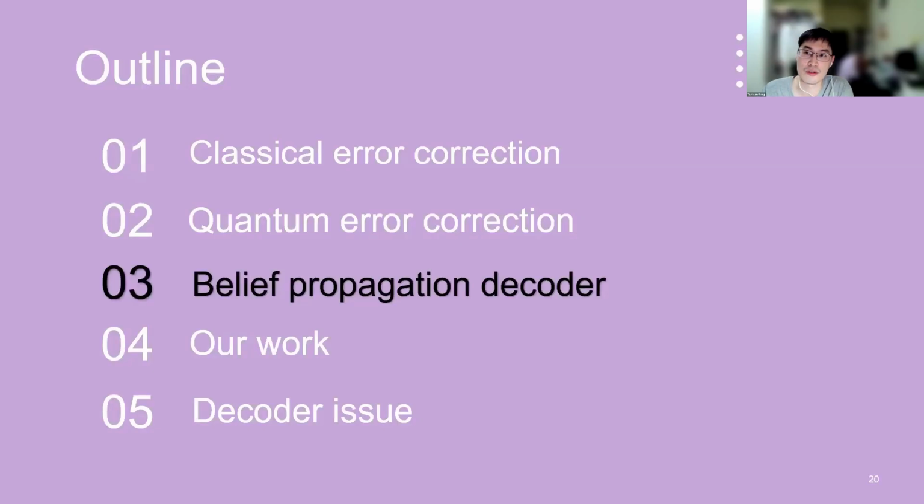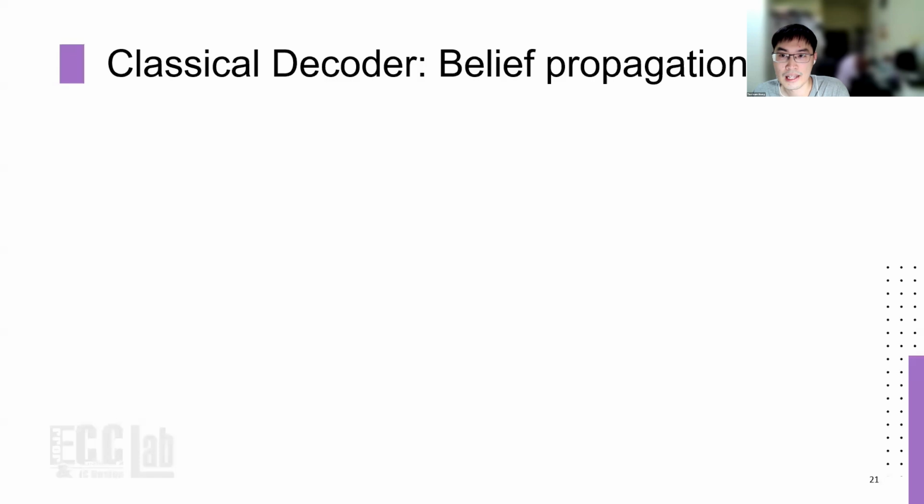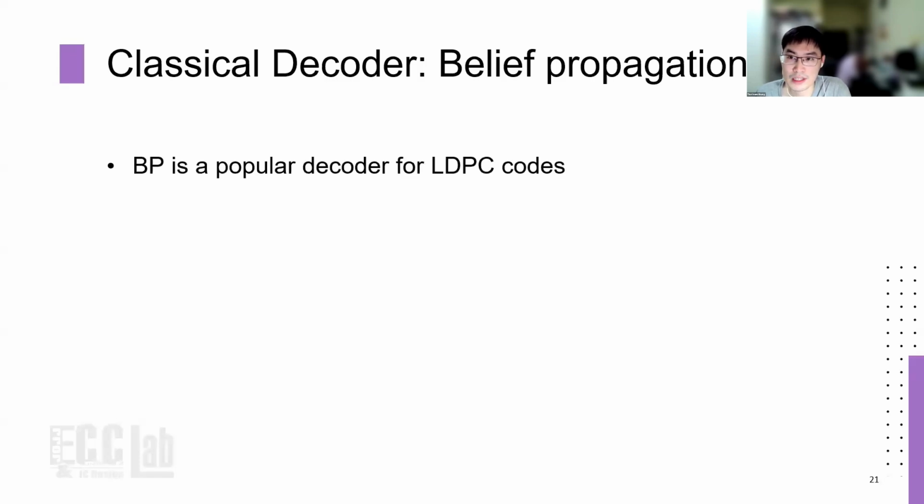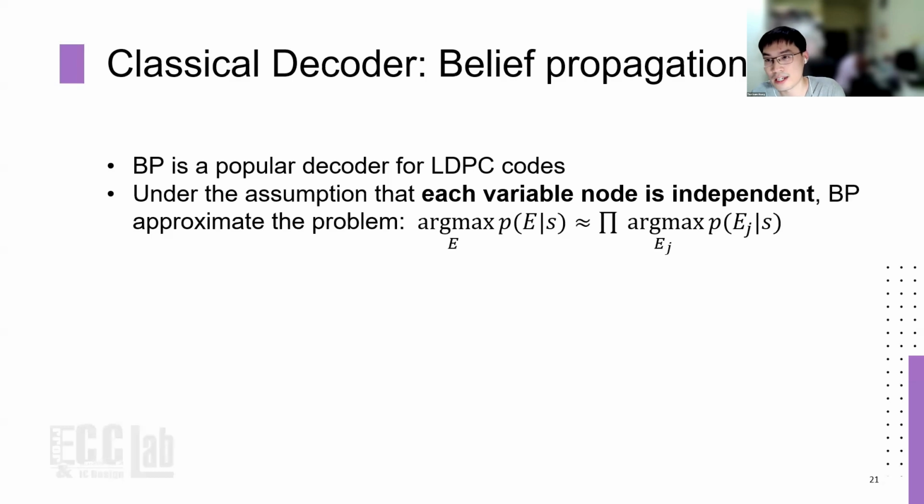Now I will introduce an iterative decoder called belief propagation, or say BP. BP performs inference on graphs and is a popular iterative decoder for LDPC codes because it is fast and has low complexity. Under the assumption that each variable node is independent, BP approximates the original problem of finding the minimum weight error by the element-wise optimal problem.